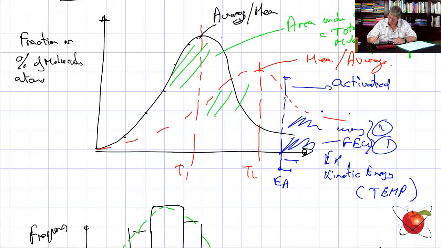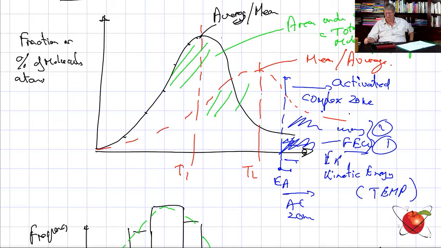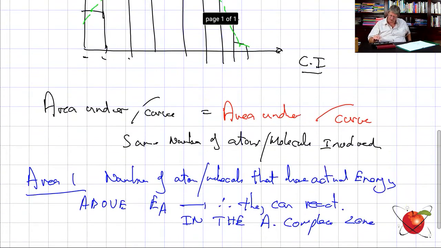This is the activated complex zone, isn't it? Anything this side is the AC zone. So you can see there are few that are actually in the AC zone over here. But as the temperature goes up, more become part of the activated complex zone.